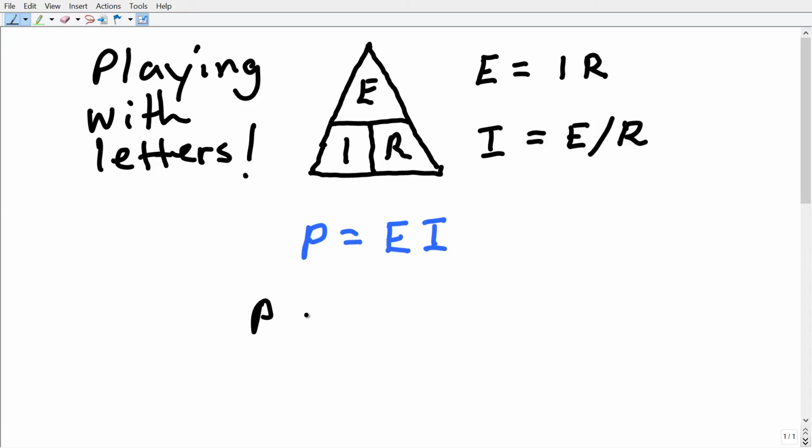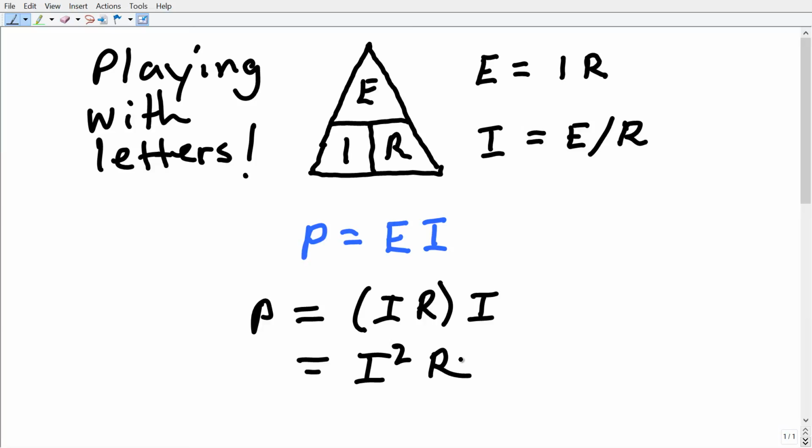Then power equals current times resistance times current, which equals current squared times resistance. P equals I squared times R. That's another formula for power that you may have thought you had to memorize. Now you know you can derive it from the others.